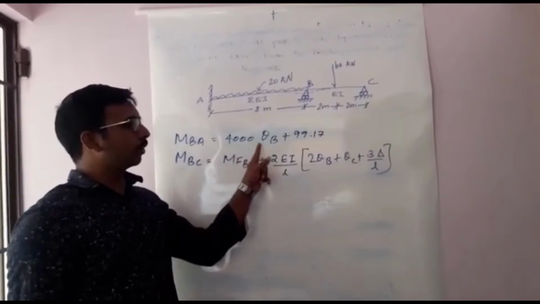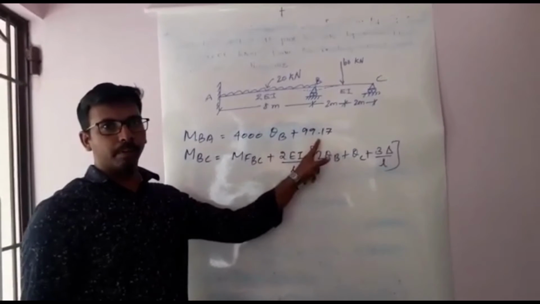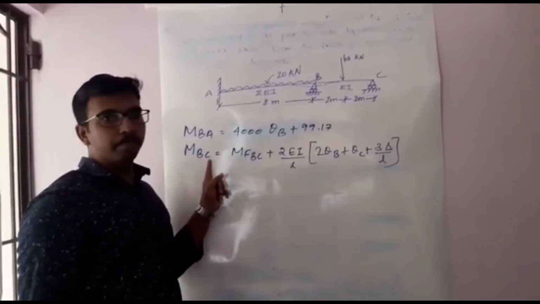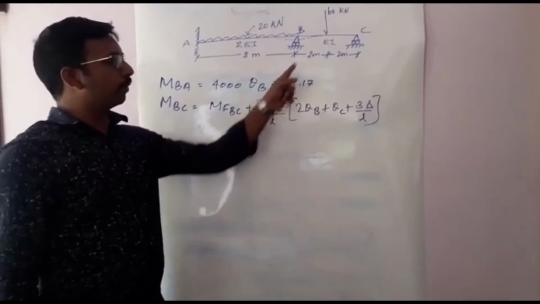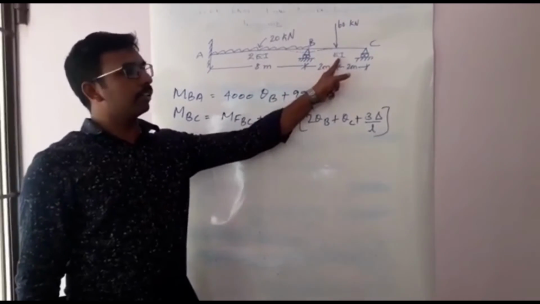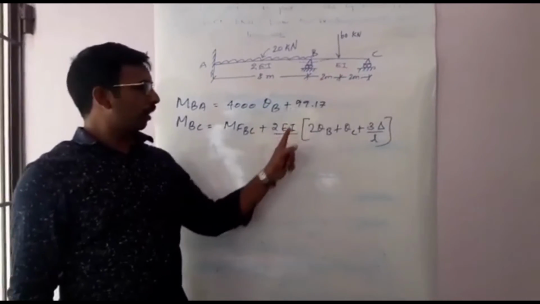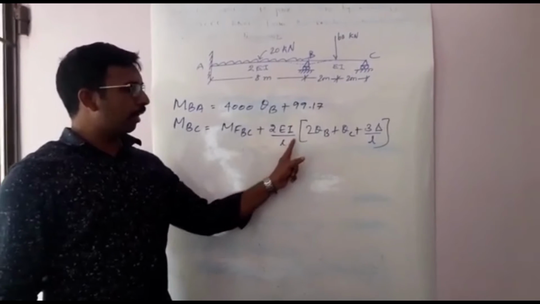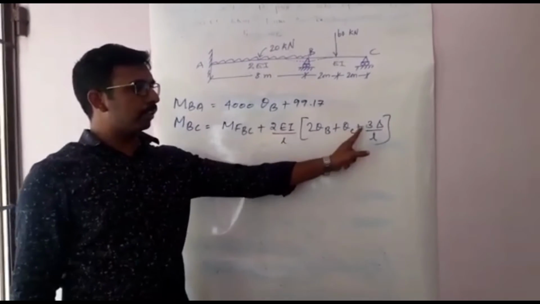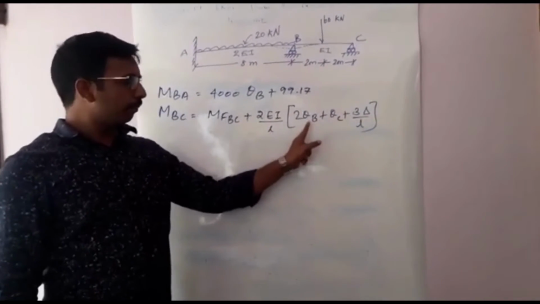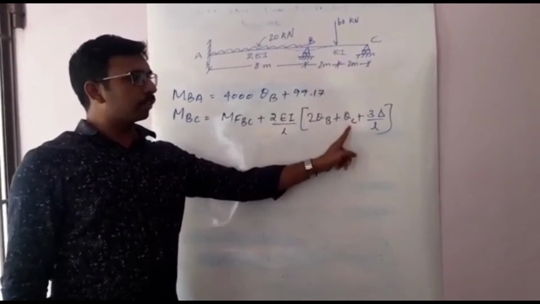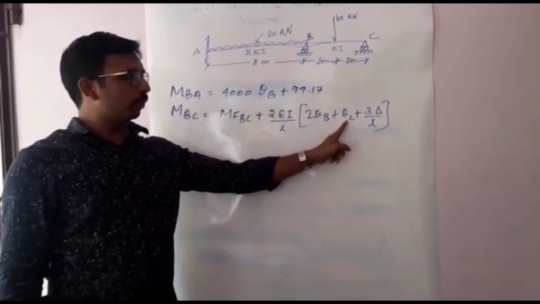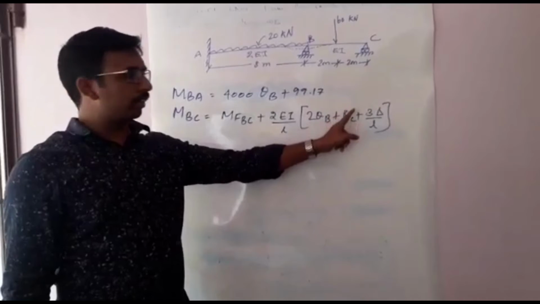MBA you will get 4000 theta B plus 99.17. Then M of BC: here only EI, because it is given as EI only. So simply put EI by L into 2 theta B plus theta C plus 3 delta by L. Theta B has a value and theta C also has a value, so no need to cancel anything.